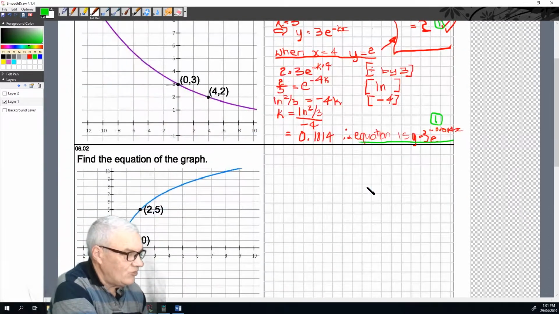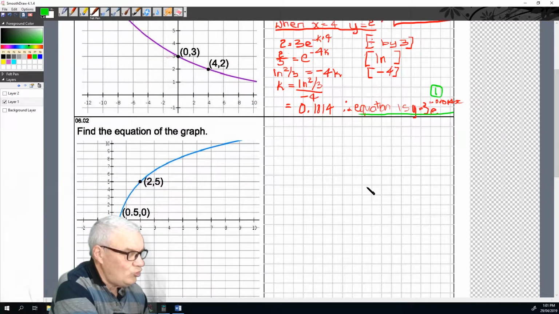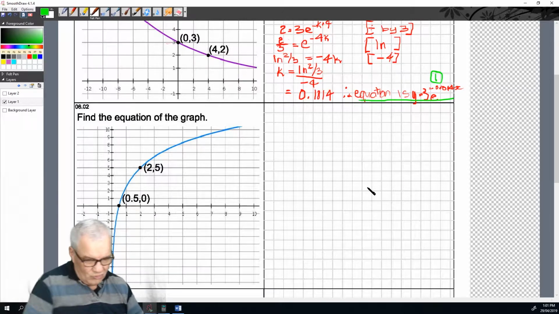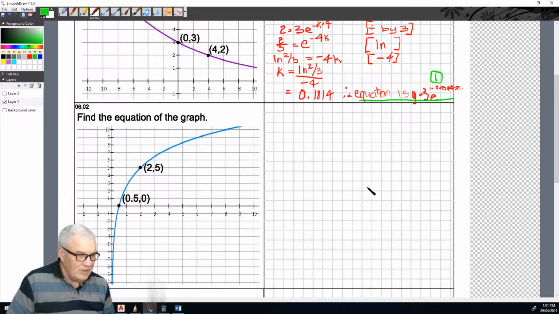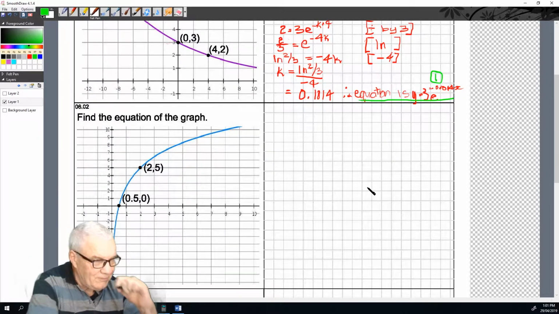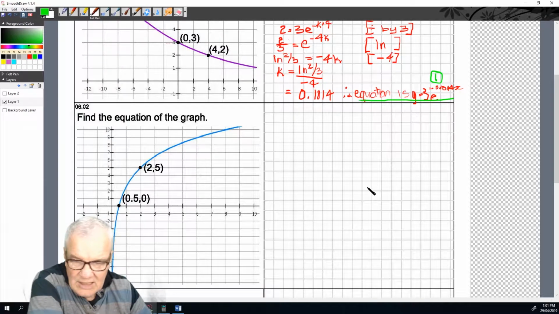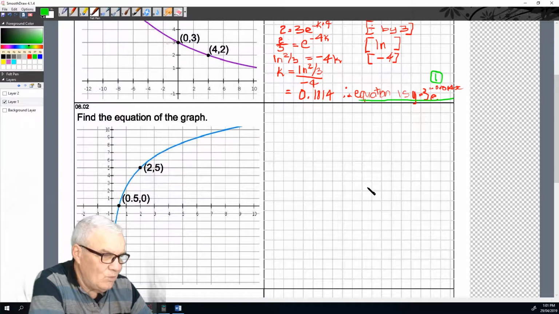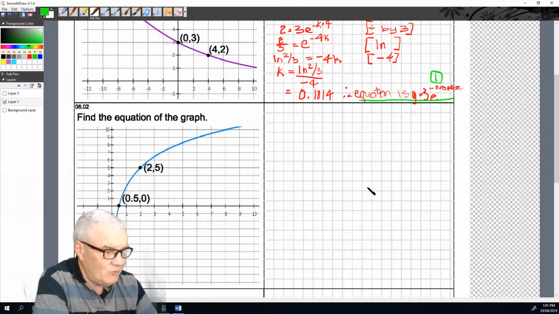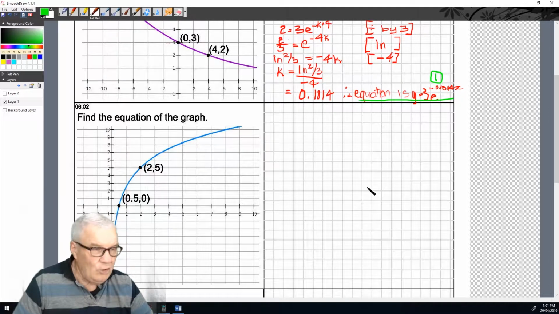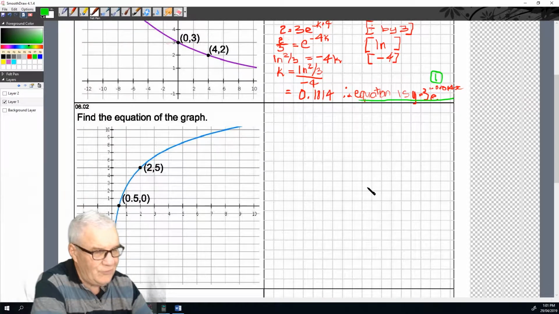Alright, so now let's have a look at question 2, which is a similar type of question, except when we look at this one, we can see that it's got a vertical asymptote rather than a horizontal asymptote like in the first one.